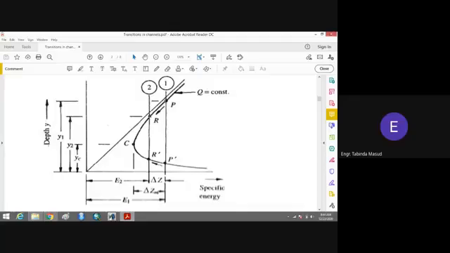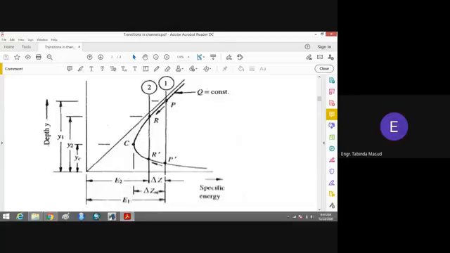This is section 2.2, let's suppose, and at section 2.2 you can see that this point R shows the depth of the flow, Y2. Y2 is the depth of the flow at section 2.2 over the weir. And what is the energy at section 2.2? If you come towards the x-axis, you will know that E2 is the energy at section 2.2.